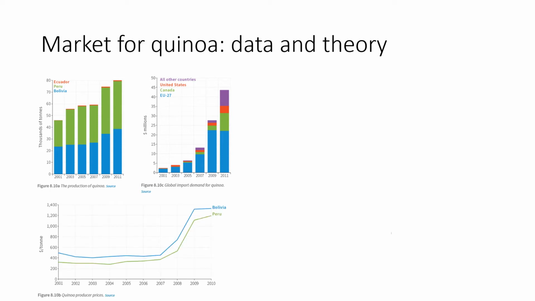And finally, we've got some data on the price of quinoa. We see in 2001, it was selling for about $400 a ton on average across both Bolivia and Peru, and that increased substantially by 2010.